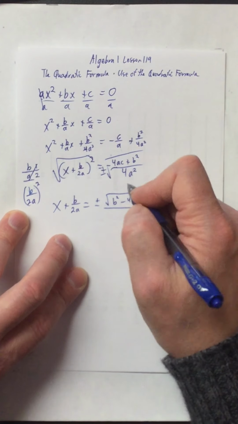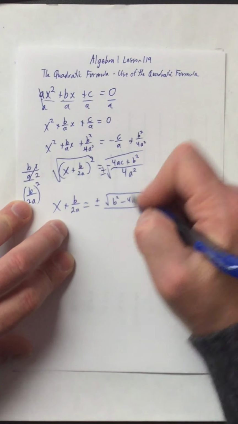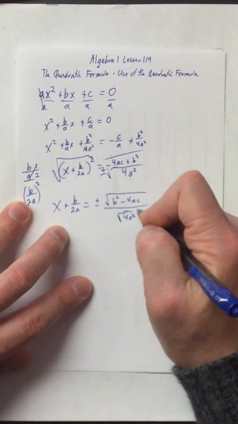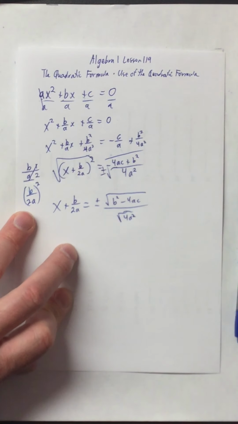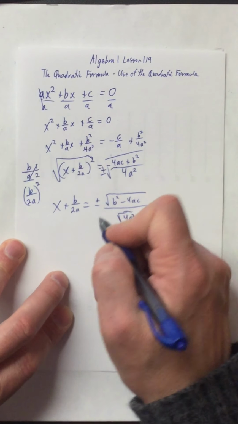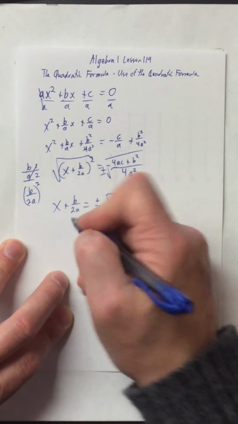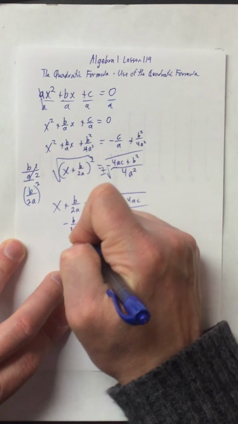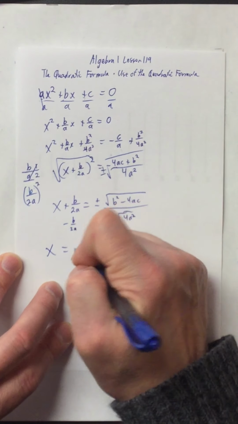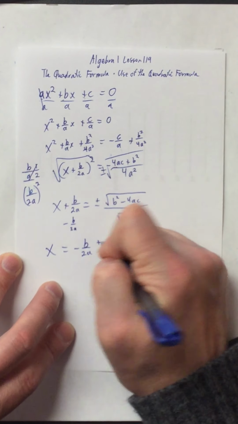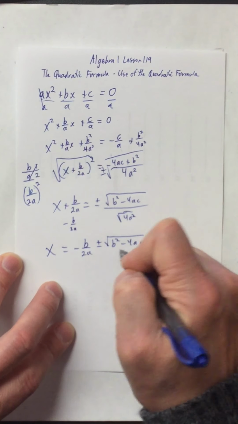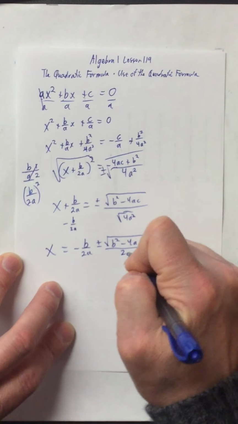And then over here, actually, you can write it this way like this, but the square root of 4 is 2, and the square root of a squared is a, so that's actually going to reduce itself. So, next step is to get x by itself, subtract b over 2a from both sides. So we have x is equal to minus b over 2a plus or minus square root of b squared minus 4ac over top of 2a.